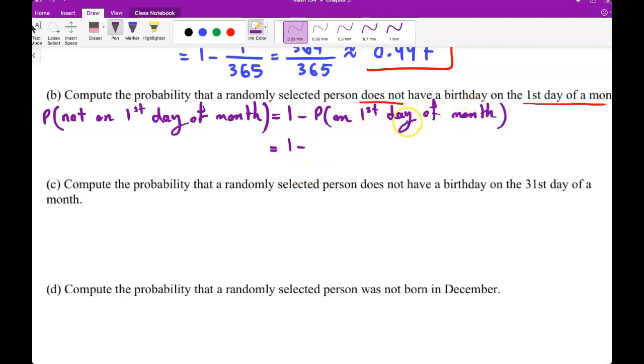Since we have 12 months, and it's the first day of the month, on top we have 12, and we have 365 days a year. So the answer is 0.967.